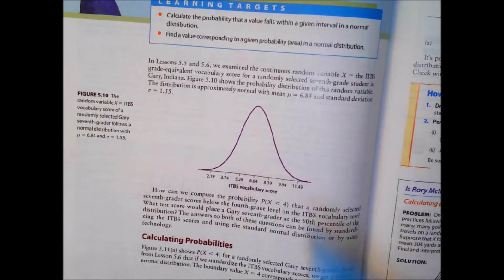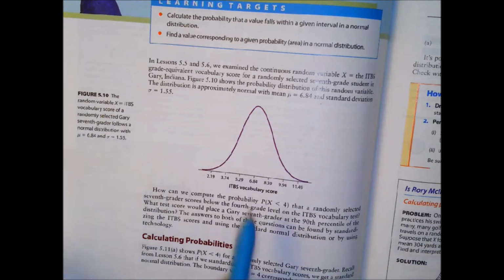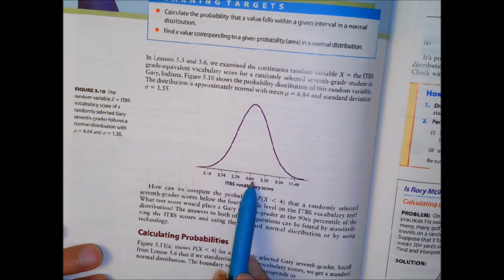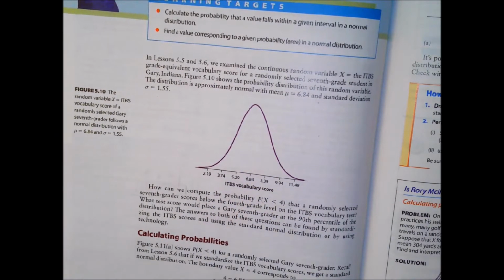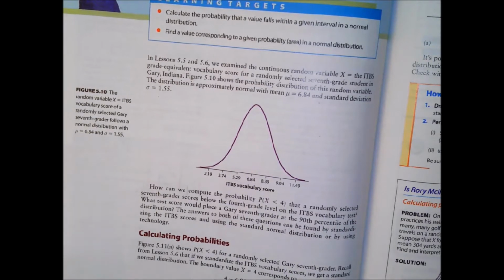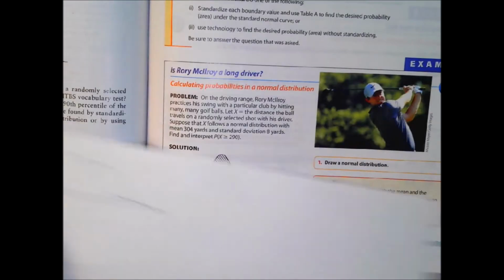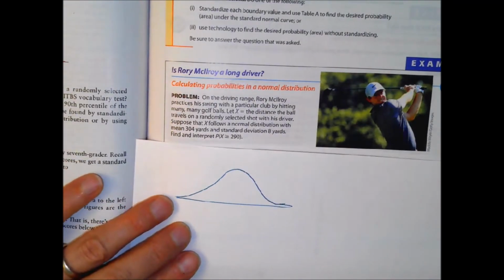Remember, I showed you how to do it on Desmos for the normal curve, but if it's not the standard curve, if it's not 0 and 1, then I'll show you two different ways of doing it. So the way we're going to do that is I'm going to give you an example here. Rory McIlroy.